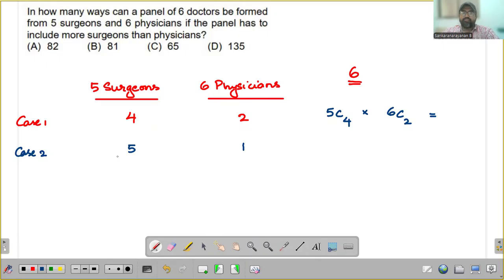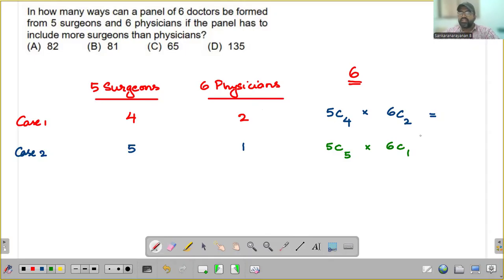In the same way, let us consider case number 2. 5 surgeons are there. All 5 surgeons are selected. The number of ways I can do it, 5 available, all 5 are selected. And 6 physicians are there, you select 1. The number of ways you can do it is 6C1.